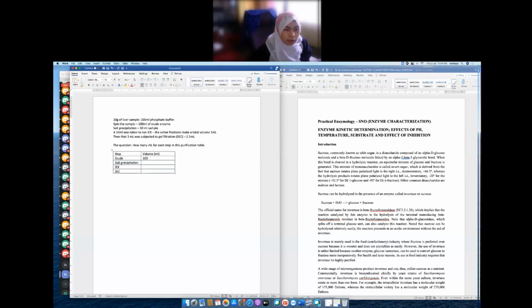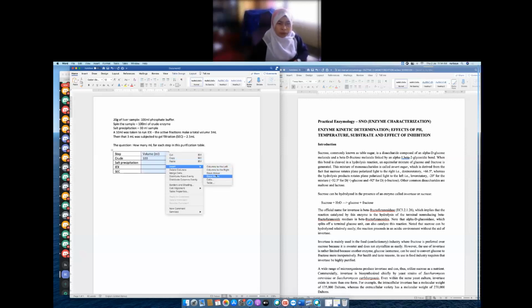Volume for salt precipitation, volume for IEX, and then volume for size exclusion chromatography, because later you're going to add for the protein, what will be total protein, and then total activity.